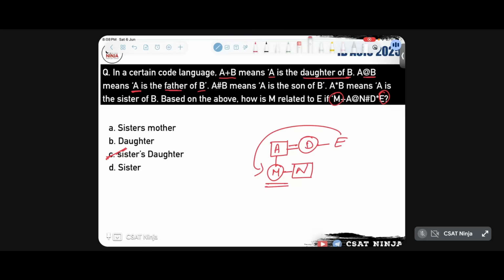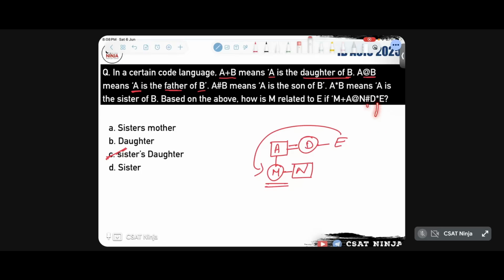After that, you need to be a little bit strong with your imagination here. You just look at the symbols only. Don't look at the element here. Don't look at T. Don't look at N. Don't look at A. Directly, you start from E there, because we are asked to find relation between M and E. So star represents what? Sister.